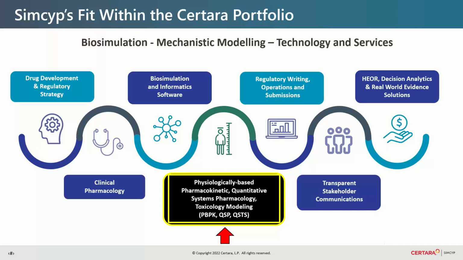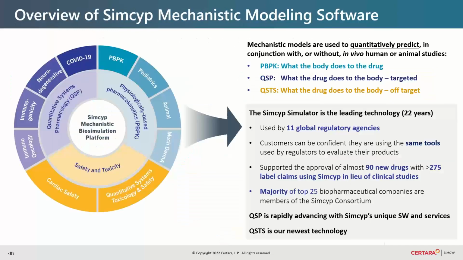And so, the sweet spot essentially for Simcyp is from early development on through mostly clinical development. And in particular, as we'll talk about, Simcyp Discovery is generally focused on some of the earlier aspects of drug development.